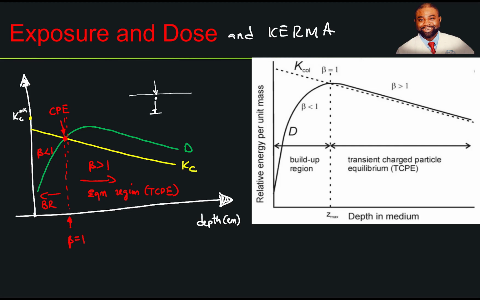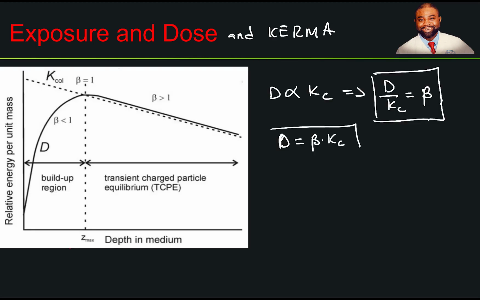That explains why there is a gradual build-up region before the dose reaches a maximum. From here, we can clearly see that the dose is equal to a constant multiplied by the collision KERMA.